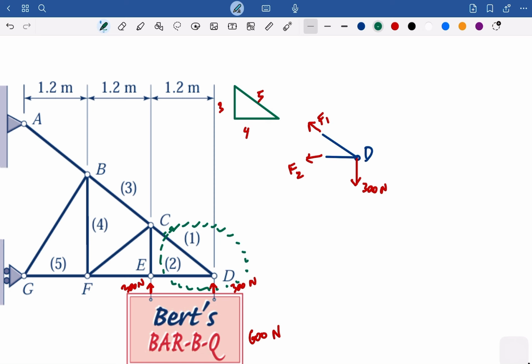So if we have that, this is F1, this is F1 cosine, right? This is F1 sine, if it's theta here, right?